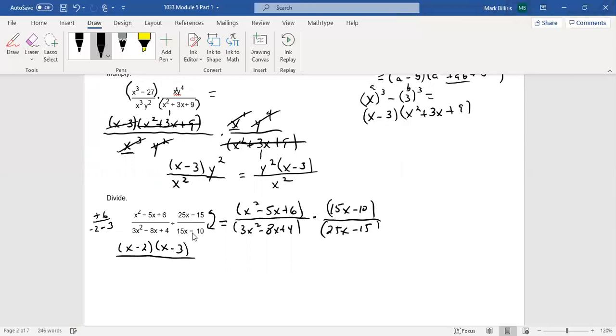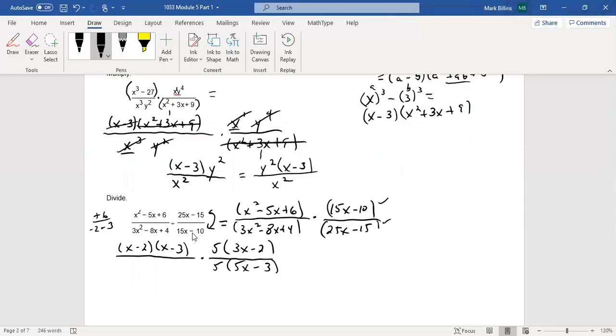I'm going to factor the 3x squared minus 8x plus 4 in a second. So now for my other numerator, 15x minus 10, I'm going to remove the greatest common factor, which is 5, and that would leave me with a 3x minus 2. And then I'm going to factor the 25x minus 15. That also has a common factor of 5. When I factor out a 5, that leaves me 5x minus 3.